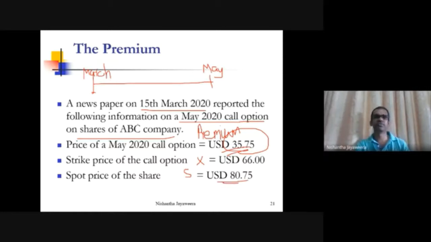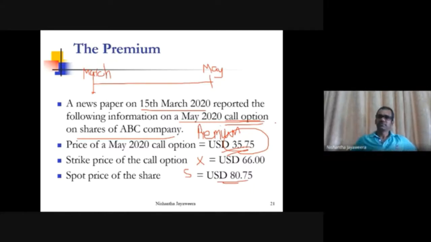It's a call option. Tell me whether this call option is in the money, out of the money, or at the money.